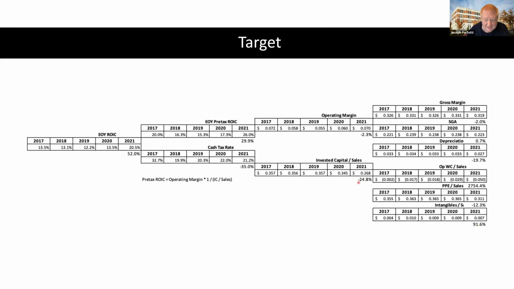And it was that drop in invested capital to sales which led to the pre-tax ROIC going from 20 to 26, combined with a tax rate improvement from 33 to 21, which led the after-tax ROIC to go from 13.5 to 25.5. That's the summary once we've done the analytics. That's what you have to cover using numbers when you do the ROIC tree walkthrough. Questions about Target?